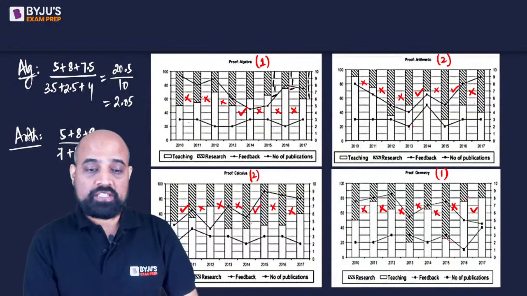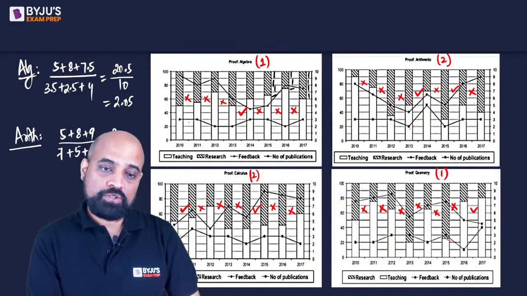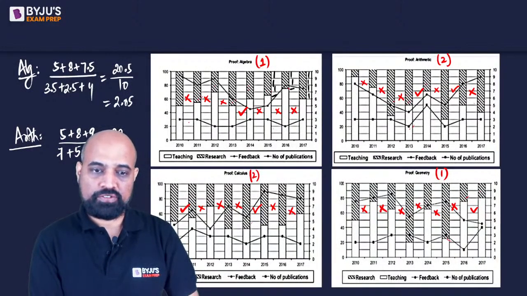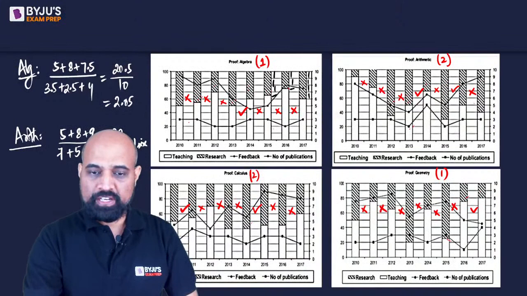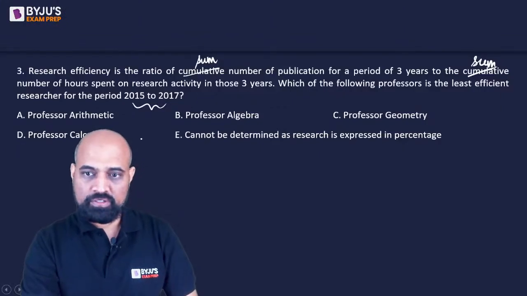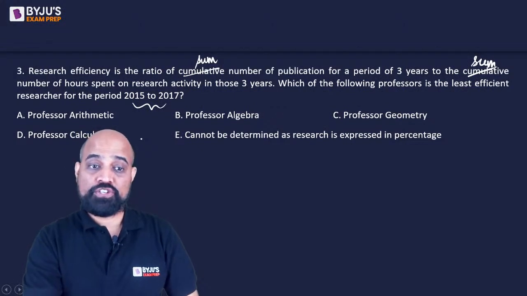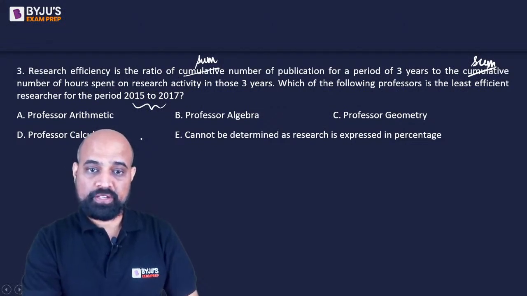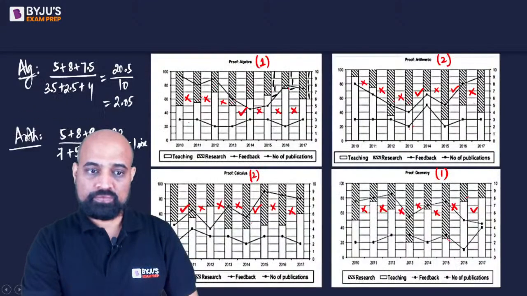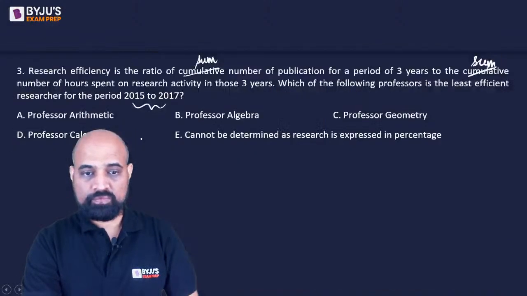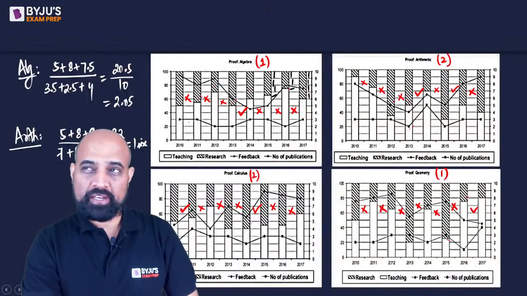So this is going to give us 22 divided by 18, which is 1 point something. We need the highest. No, the least efficient researcher for the period. 22 by 18, 1 point something.